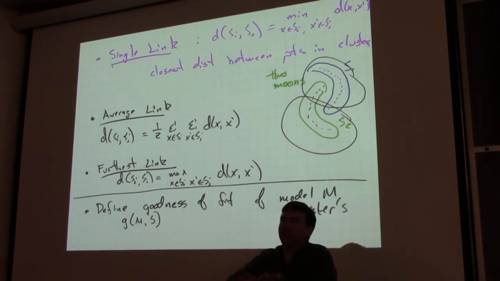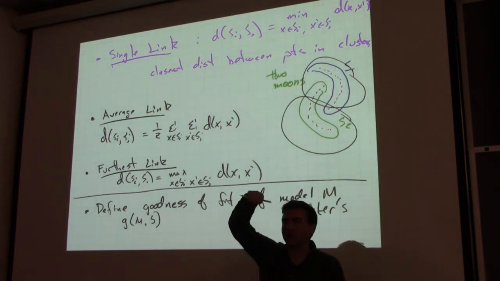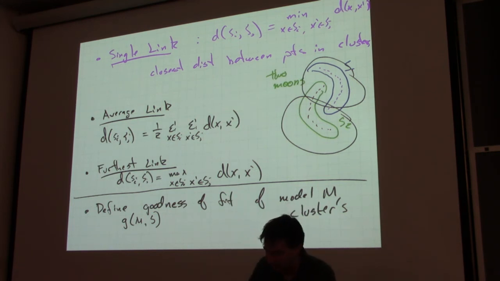Right, so I want to say there's some model that describes all the data within this cluster. Okay, and this could mean a variety of different things. You use your imagination. I've had people in class use it to fit trajectories of people doing hang gliding. So it can mean a wide variety of things.